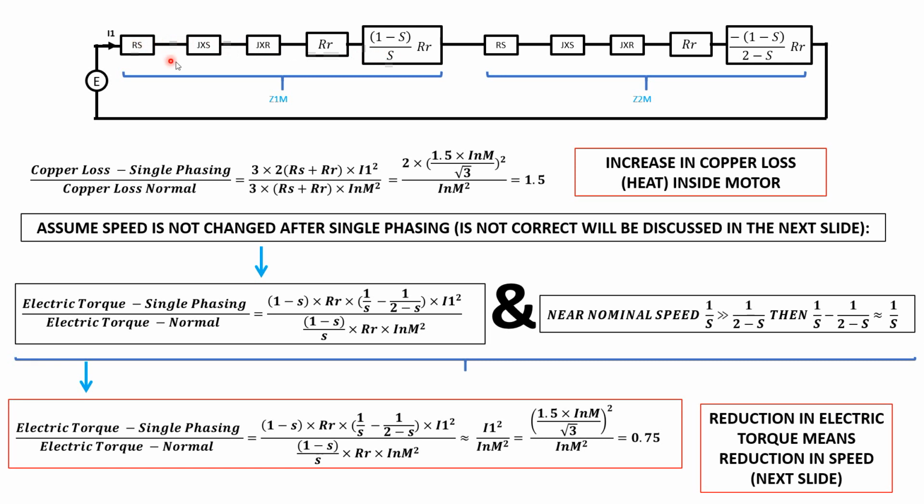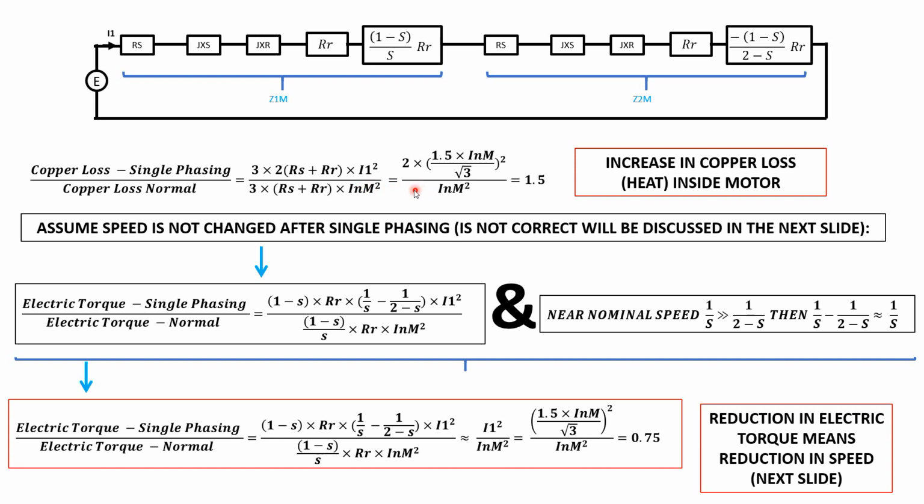So we have here this rotor and stator resistance. We have 2 of them multiplied by 3 because of 3-phase, and I1 squared. For the nominal system, we don't have 2 of these, we only have this one. So we have 3 times R stator plus R rotor and the nominal current of the motor.